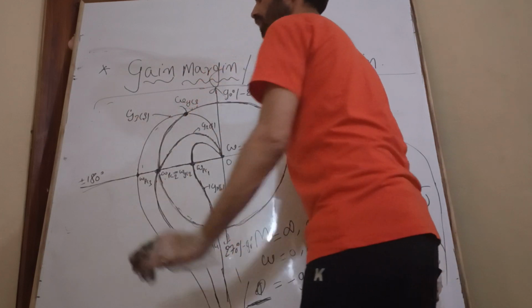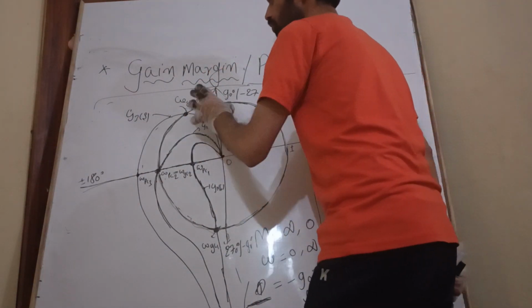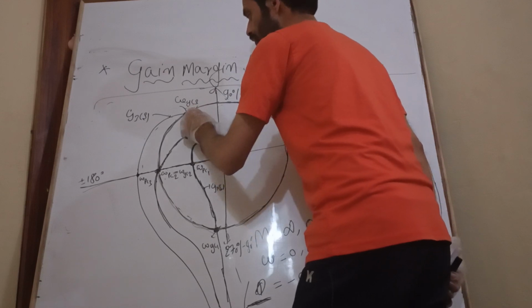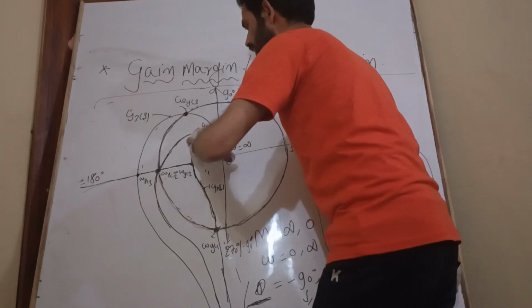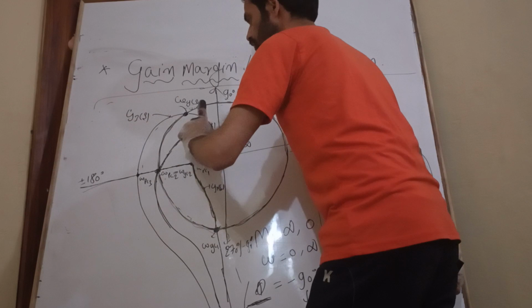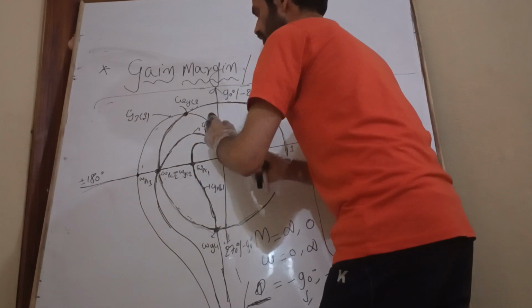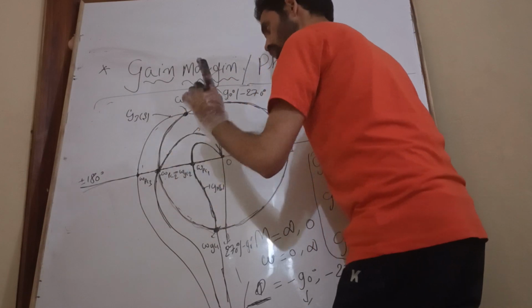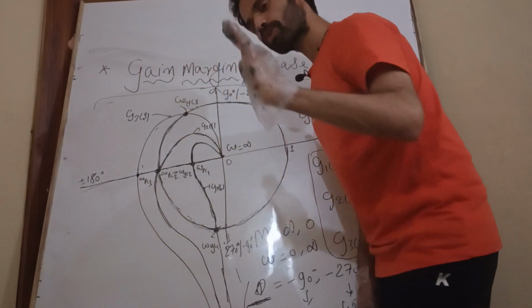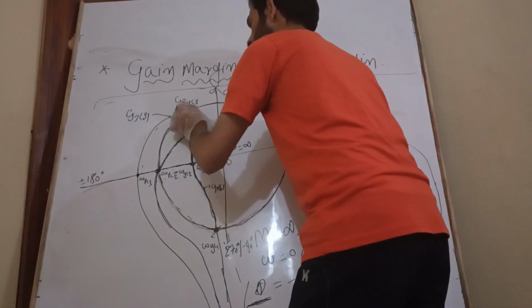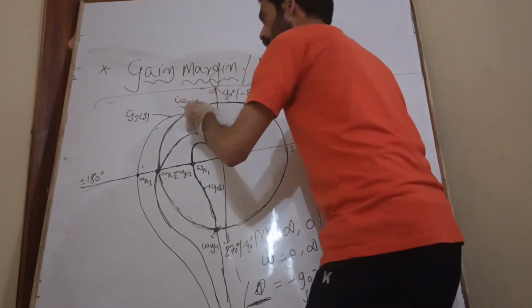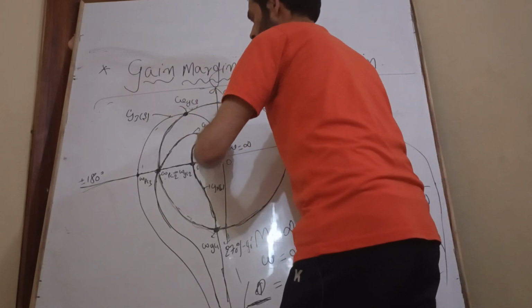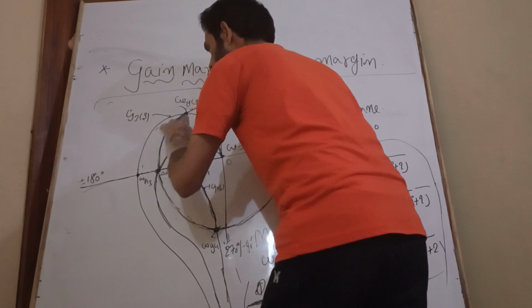What is gain crossover frequency? It is the frequency at which the magnitude becomes unity. Magnitude means gain, the magnitude of the gain becomes unity. Or you can say the gain crossover frequency is the point where the plot cuts the unit circle.